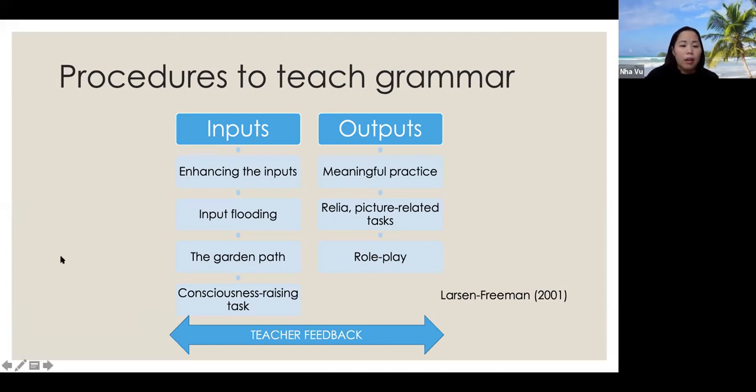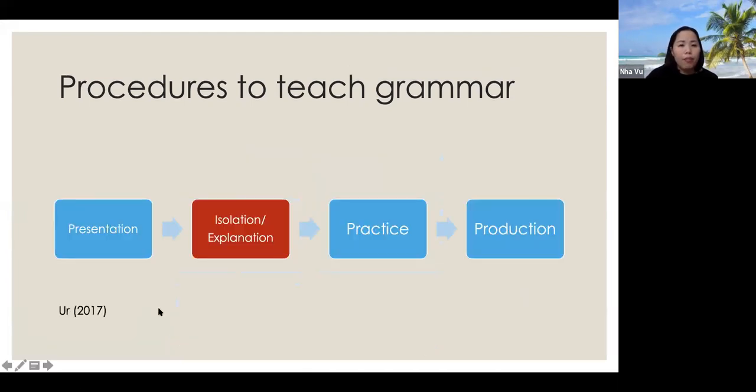Another set of procedures to teach grammar, recommended by her, is that we start with a presentation of the rules of the language, and then we do isolation and explanation about the structure, and then we give practice.